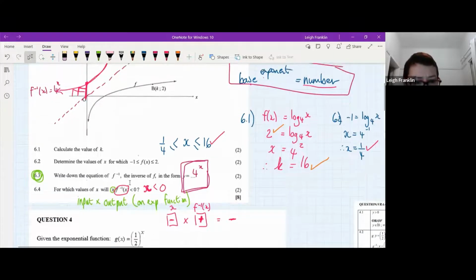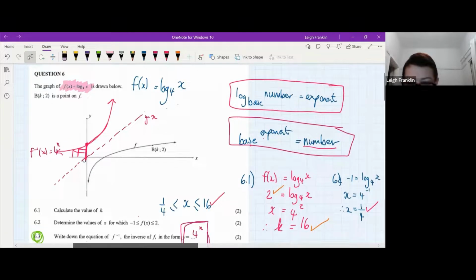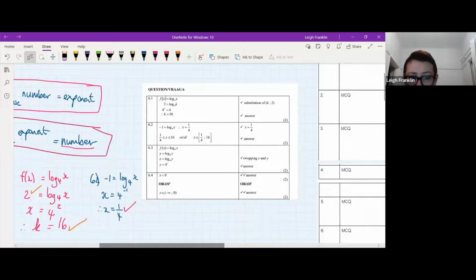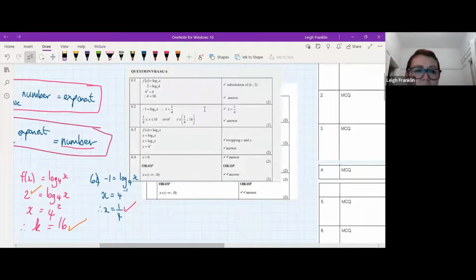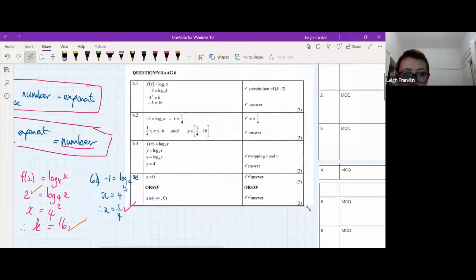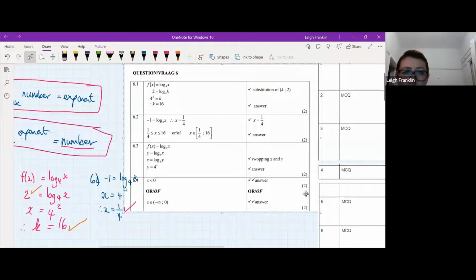Now let's go and have a look at the memo. Like I said to you, it would be 2 accuracy marks on the answer only. I'm sure you've seen that at school as well. It was the substitution of the k and the 2.